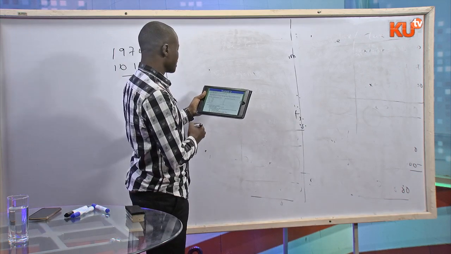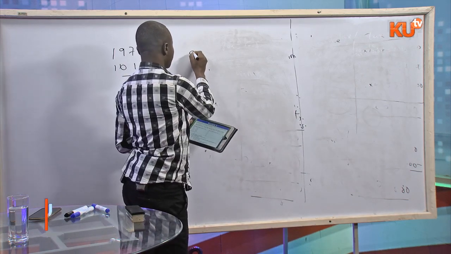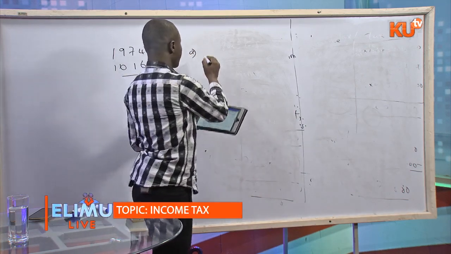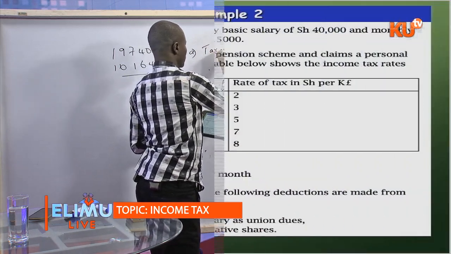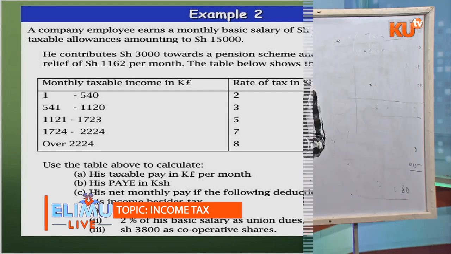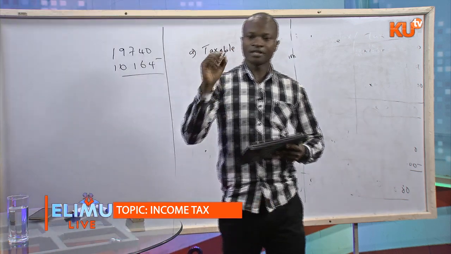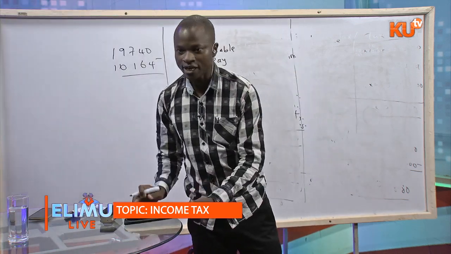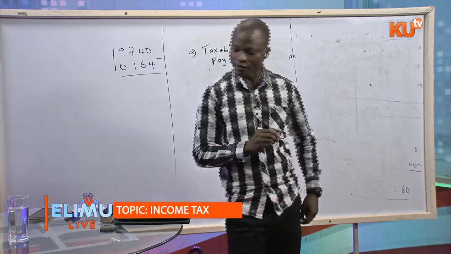So the first question is his taxable pay. Taxable pay is the same as taxable income per month in Kenyan pounds. So we remember taxable pay is basic salary plus what? Plus all allowances.